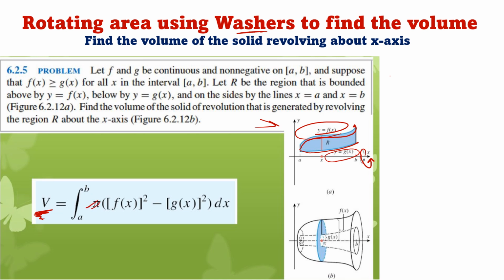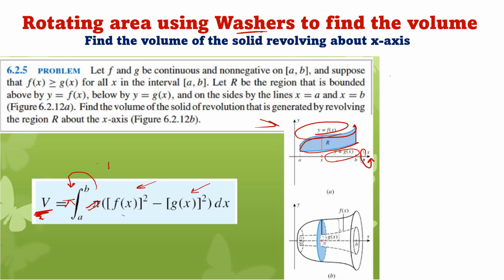Whether you write the pi inside or outside makes no difference. I prefer to write it outside as it is a constant and it won't confuse you if pi is already written outside the integral sign. Now, the square of the first function minus the square of the second function.